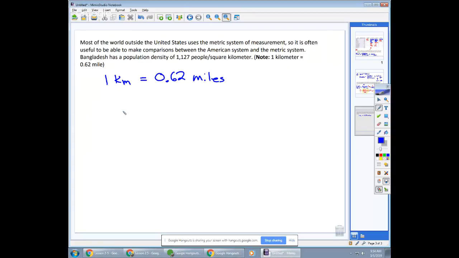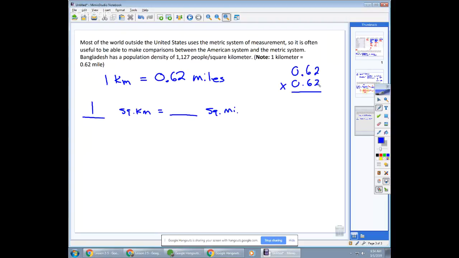However, I want to compare square kilometers to square miles. So the question is, how do I change kilometers to square kilometers or miles to square miles? You just put it to the second power. You just square them, yep. So 1 squared is 1, that's nice. 0.62 squared, without a calculator, would be 0.62 times 0.62.